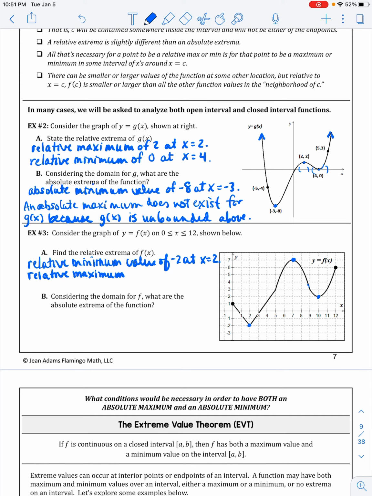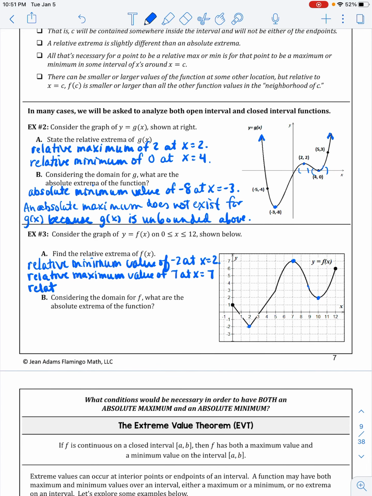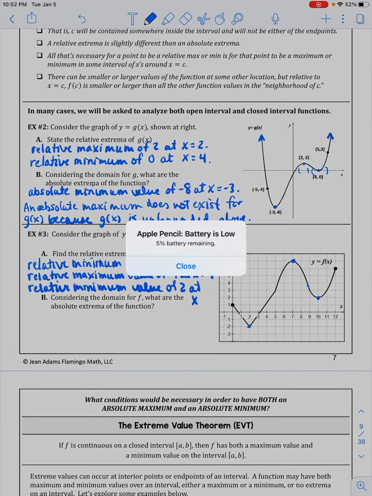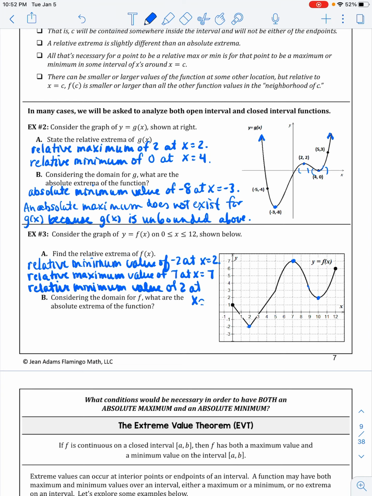So we're going to say relative maximum value of 7 at x equals 7. And then we have another relative minimum value of 2 at x equals 10.